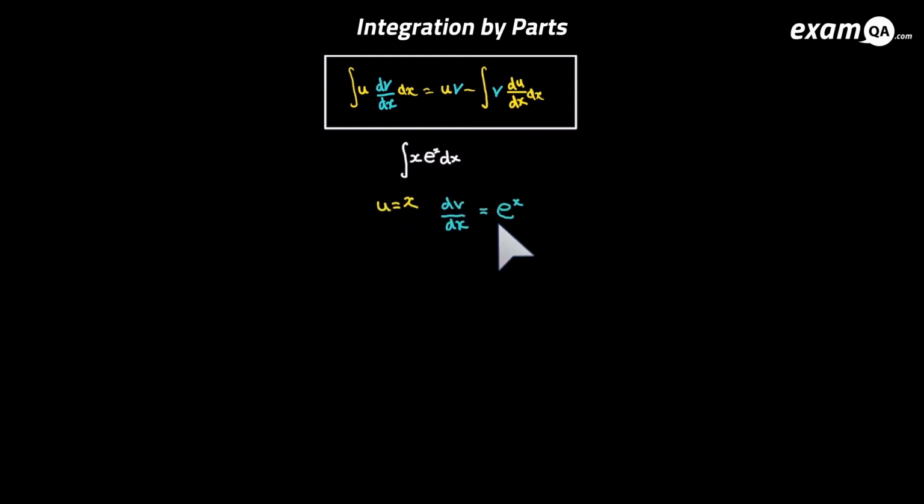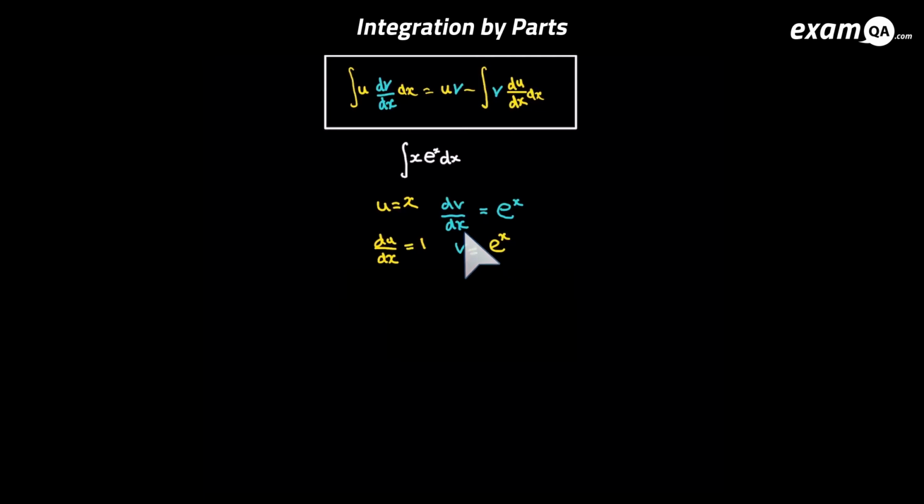To fill in the rest of the formula, we need to differentiate the u to get du dx, and we need to integrate the dv dx to get v. So x differentiates to 1, and dv dx integrates to v equals e to the x. That's brilliant. We've got all the parts for our formula.